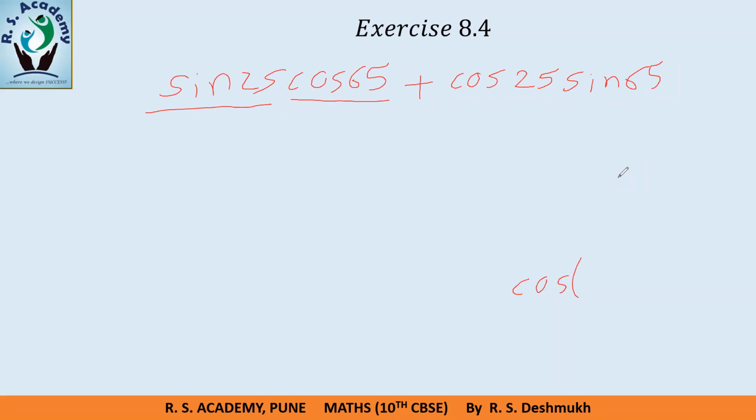So cos of 90 minus 25, that is cos 65, is equal to sine 25.